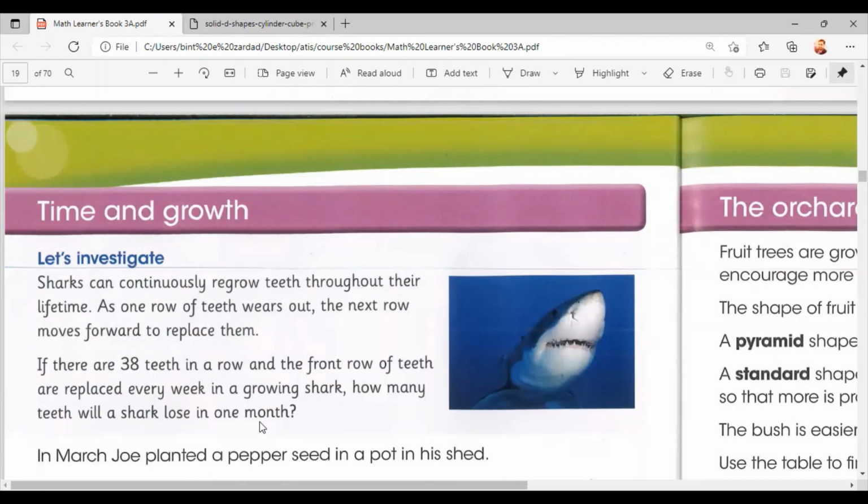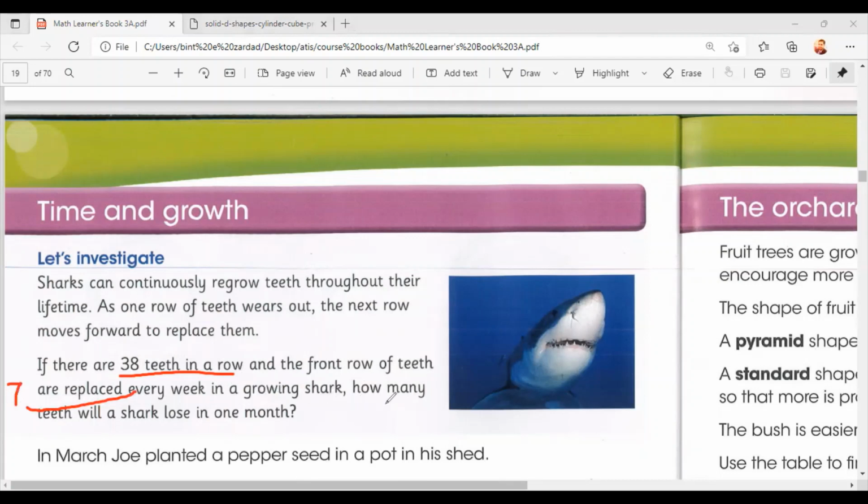So we are talking about 1 month. So look, starting from the question from here. So if there are 38 teeth in a row and the front row teeth are replaced every week, how many days in 1 week? 7.